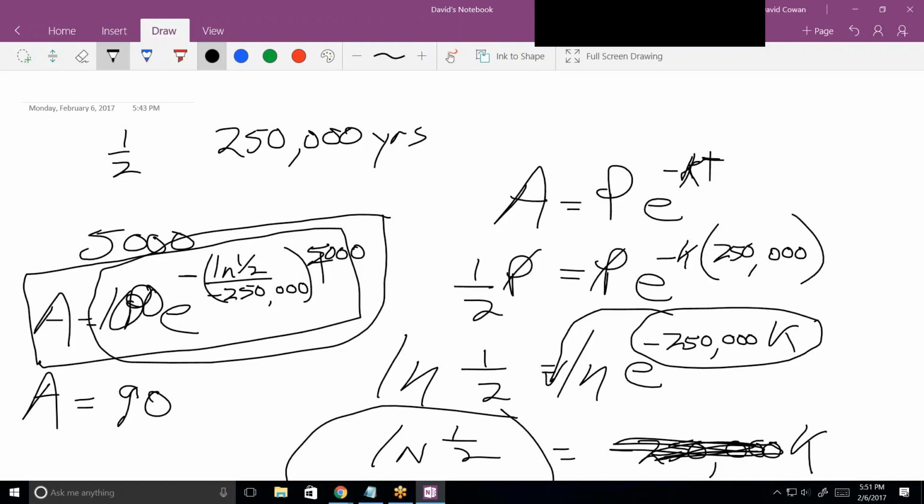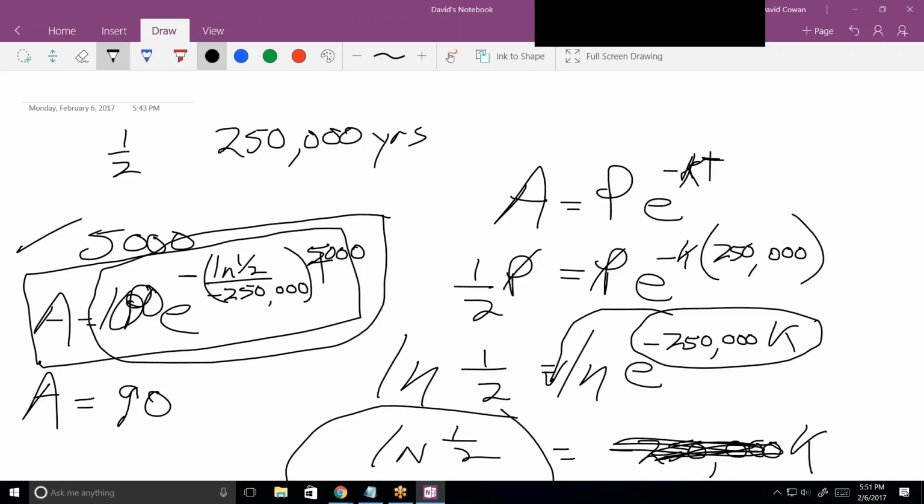Where did the 100 come from? I just made it up. I could have used 1,000, I could have used 10, any number. Because what this is going to tell us is if I started with 100 and at the end of 5,000 years I've got 90, then I've got 90%, and there's your answer.